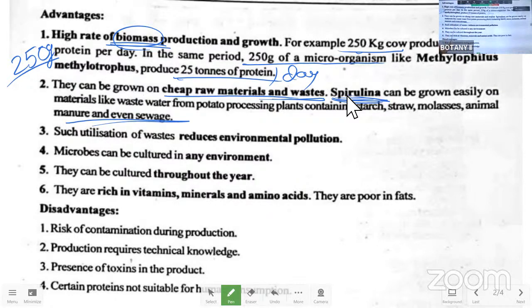And the third one: the waste materials can be reutilized, and it can reduce atmospheric pollution. What I said, you can write the same in your own words also. It reduces environmental pollution. How to say it? Once we are growing on the waste material, the environment is free from the waste materials. That's also you can write.